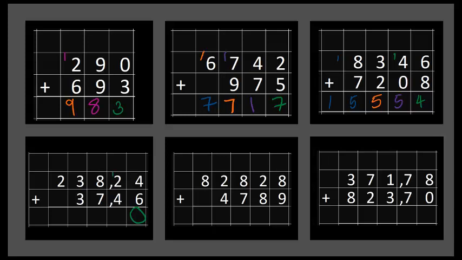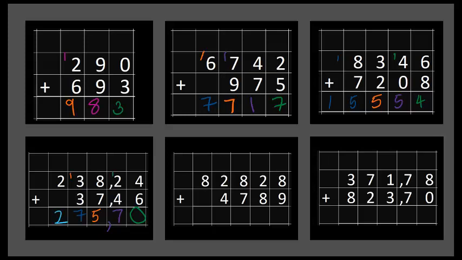Then we're going to say 2 and 4 is 6. Plus 1 is 7. Bring the decimal sign down. Next up, we're going to say 8 plus 7 is going to be 15. 5 carry 1. And then 3 plus 3 is 6. Plus 1 is 7. And the last one is going to be 2.